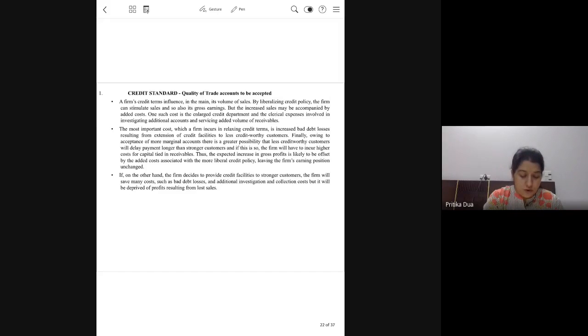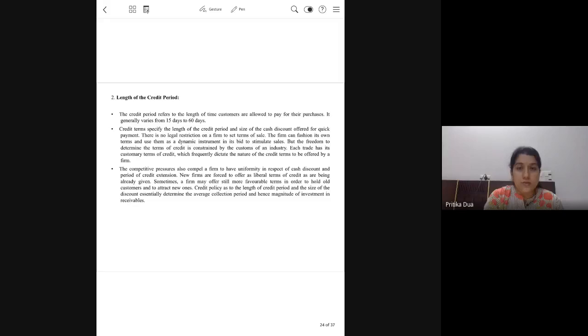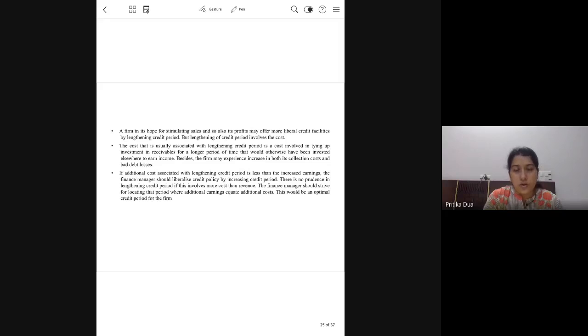Now for the credit check of the customer, there are a number of methods available, which we'll discuss in detail in the next key decision area. Then the length of credit period, as I have explained, ranges from 15 to 60 days normally. Now it can be shorter or longer depending on the type of business you are in.